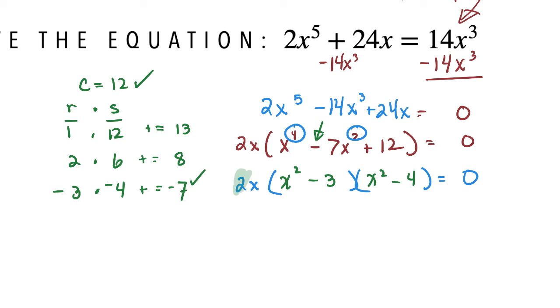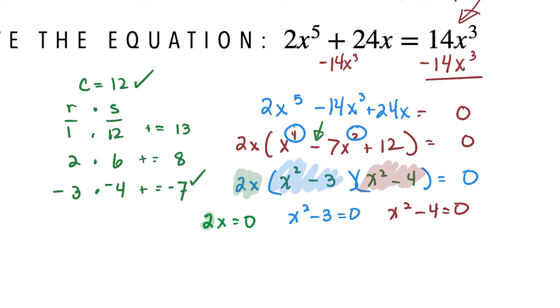Here's our first factor, here's our second factor, and here's our third factor. Note, it's all multiplication here. It equals 0, and therefore the zero product property says either 2x equals 0, or x squared minus 3 equals 0, or x squared minus 4 equals 0.